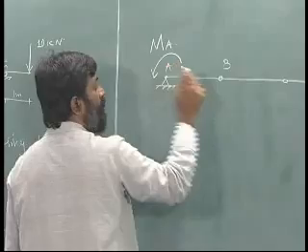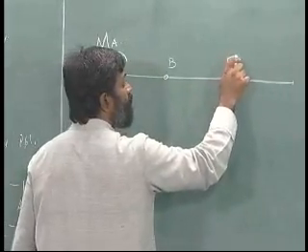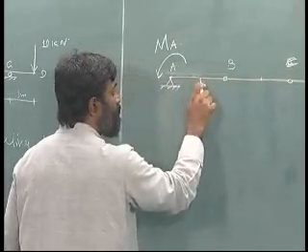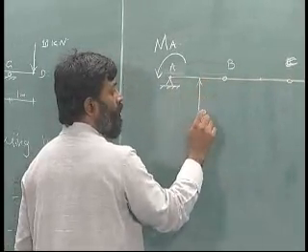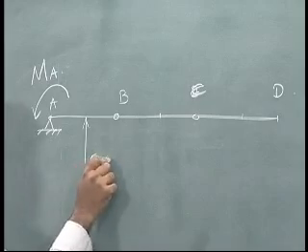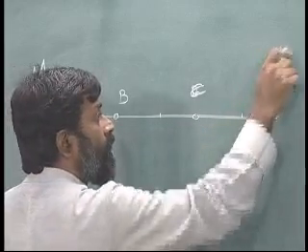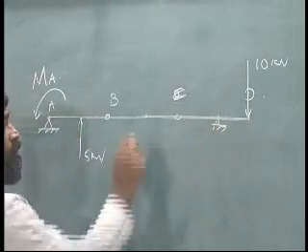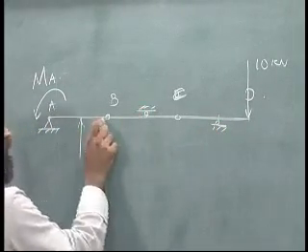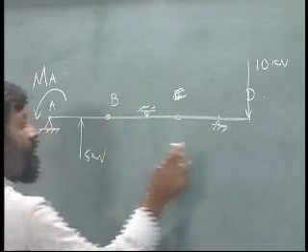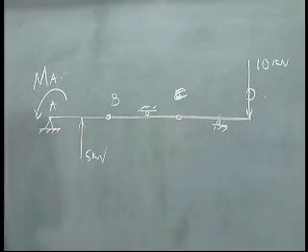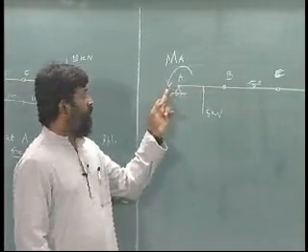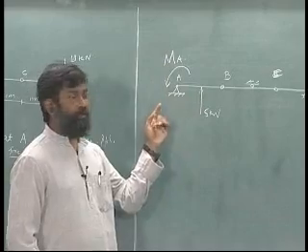Okay. So, in this particular case, let me just denote the points. I have one 5 kilonewton acting here, 10 kilonewton acting here. This cannot move, this cannot move, these two are pinned with each other. So, AB, BC and CD are pinned with each other. We already saw that in the previous example. Now, in order to find this out, what should I do?